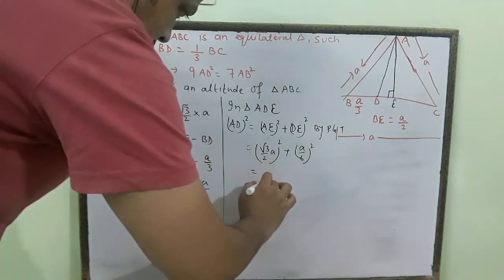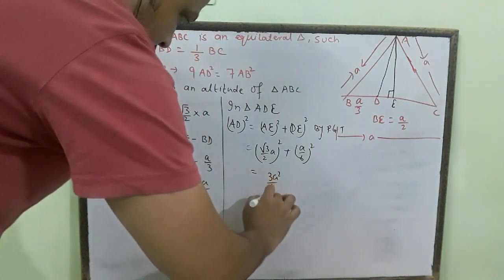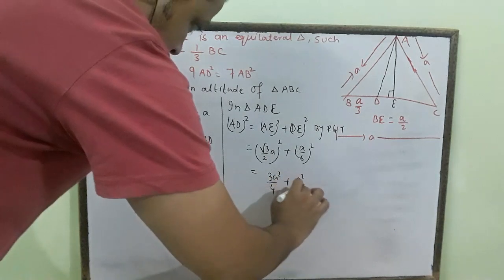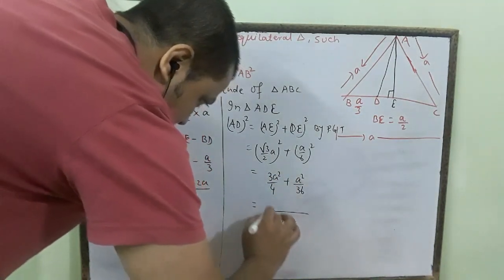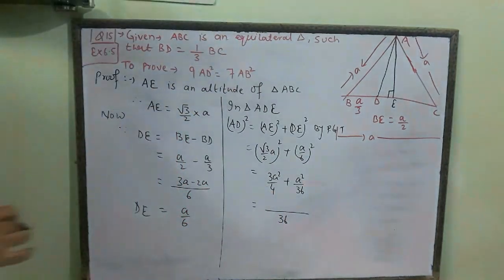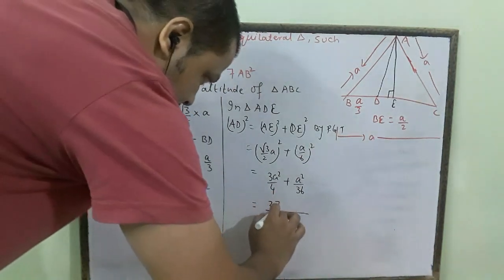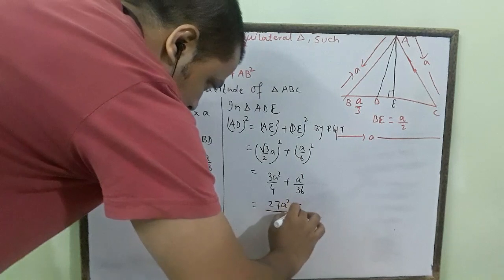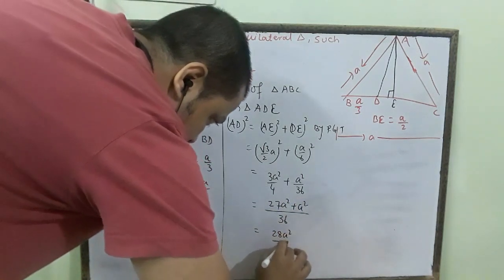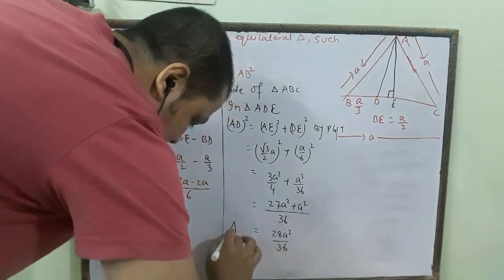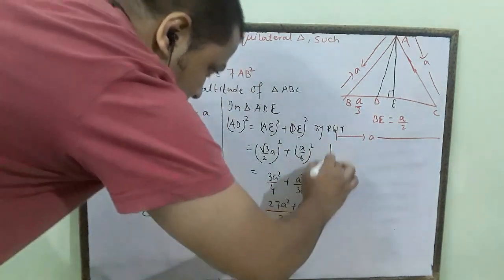Now it will be 3A square by 4, and then A square by 36. Take the LCM 36, 9 fours are 36 and 9 threes are 27. Again 1A square, 28A square by 36, that is equal to AD square.